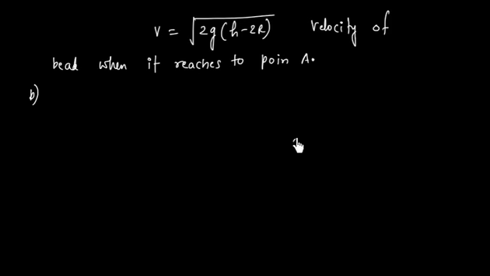So we can show on top point mg is acting in the downward direction, normal reaction is acting in the upward direction, and this is moving on a circle with velocity v. Radius of circle is r. So we can write Newton's second law, that is force is equal to mass into acceleration.